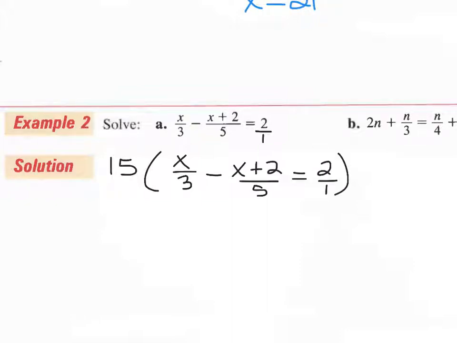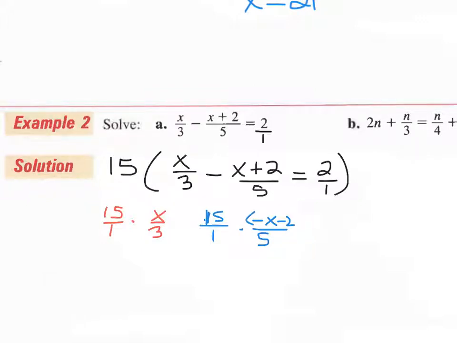So again, if you want to do it piece by piece, you're doing 15 over 1 times the x over 3, 15 over 1. And be careful on this one because there's a subtraction sign here. So you could distribute it if you want and make this negative x minus 2 over 5.